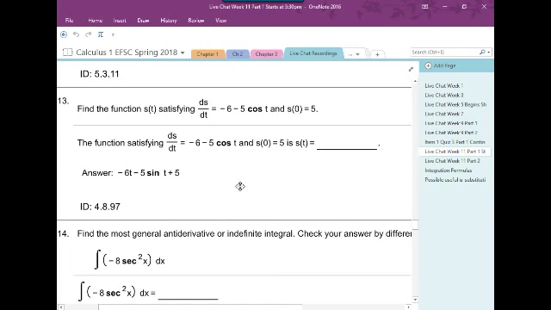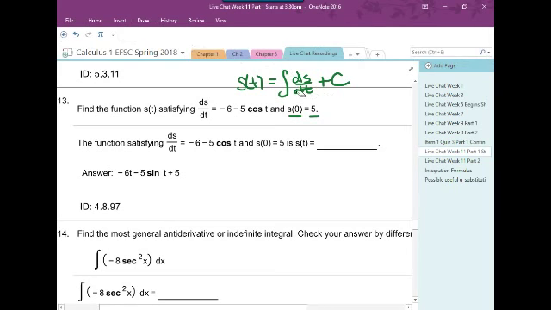So what we want to do is find the function s of t, and we know that s of t is going to be equal to the antiderivative of its own derivative, right? Plus some constant c. And then we'll use this to figure out what c is.